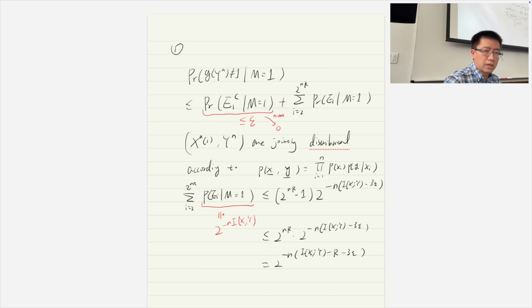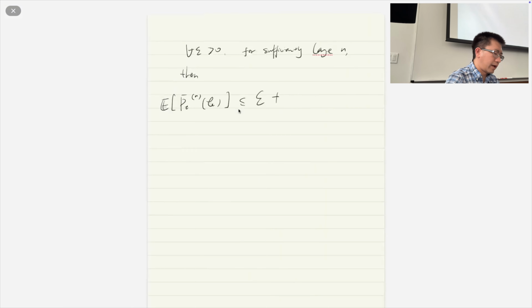This epsilon comes from the first term, and we add the second term, 2 to the minus n times (mutual information minus R minus 3 epsilon). For some n, this will be less than epsilon.